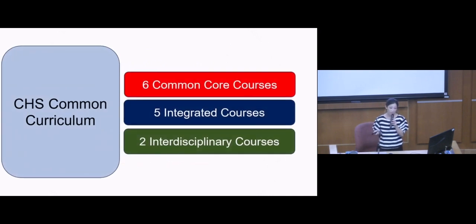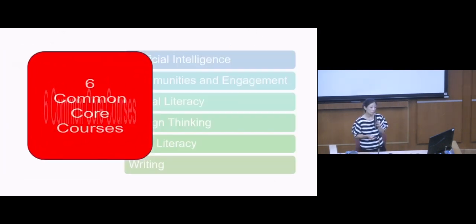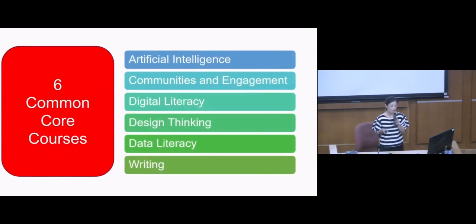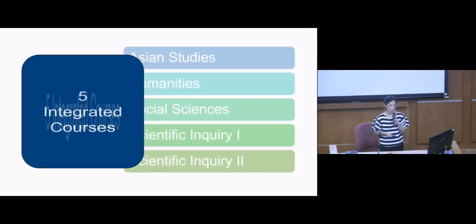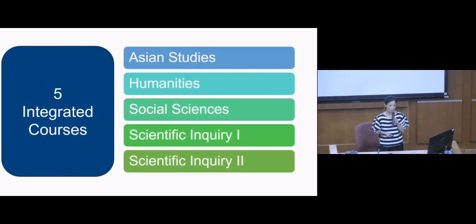Okay, so just to quickly recap, the CHS Common Curriculum is part of your degree requirement for all CHS students. It encompasses the Common Core courses, the integrated courses, and interdisciplinary courses. So these are your Common Core courses. These are your integrated courses.